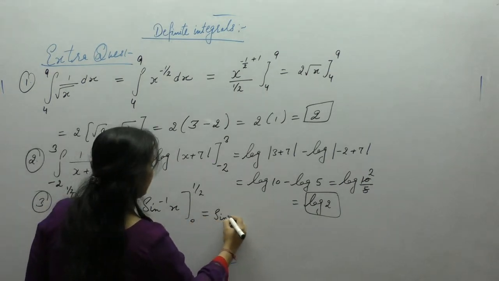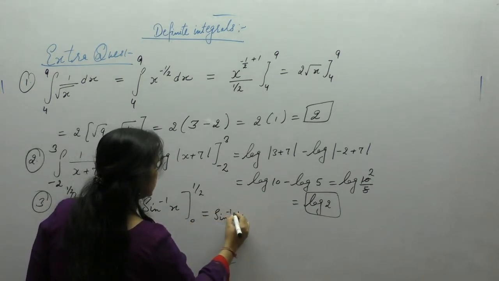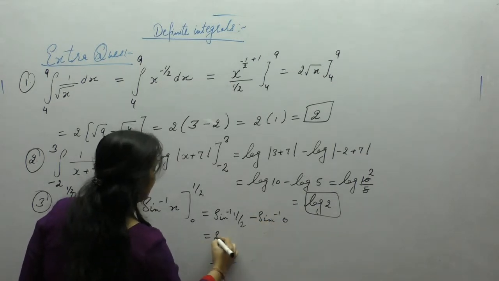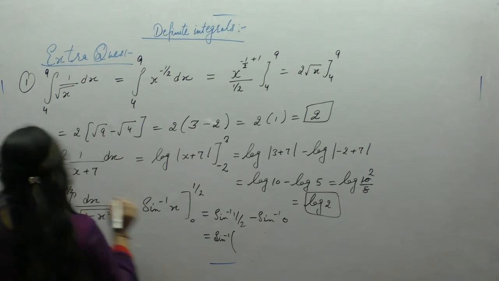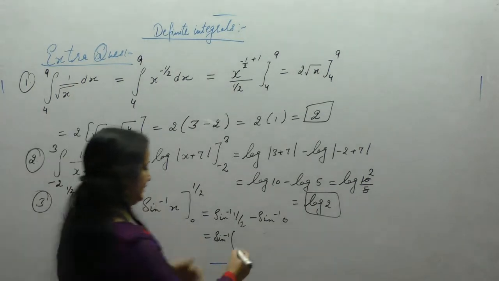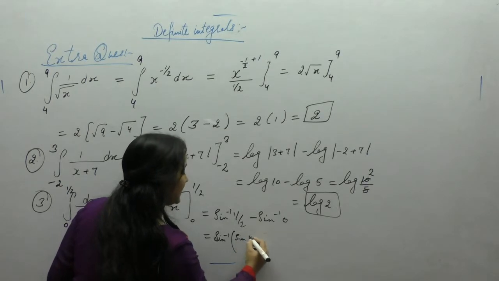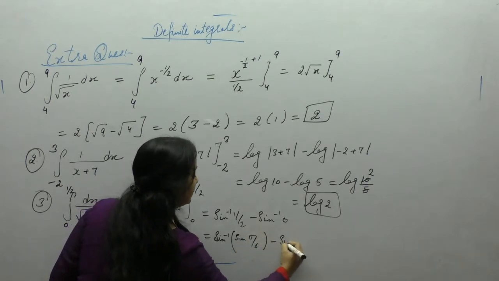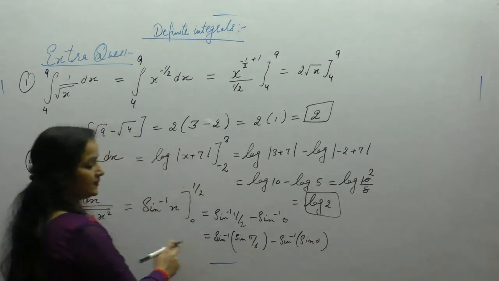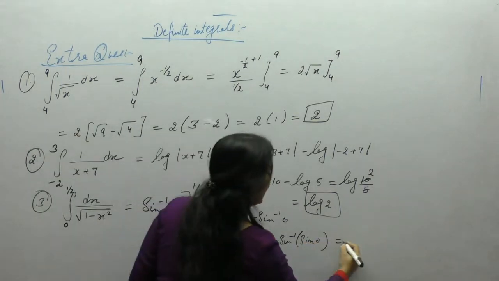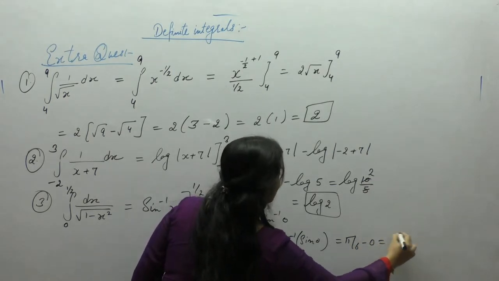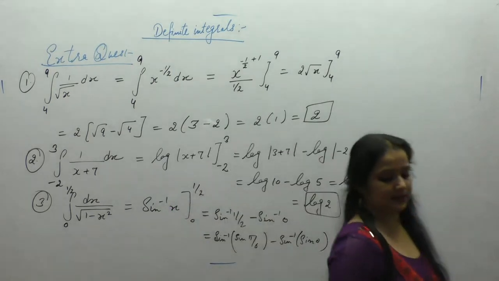Sin inverse 1/2 minus sin inverse 0. 1/2 is the value of sin pi by 6, sin 30 degree, and sin 0 is 0. Sin inverse and sin will cancel. Pi by 6 minus 0. So we get the answer as pi by 6.